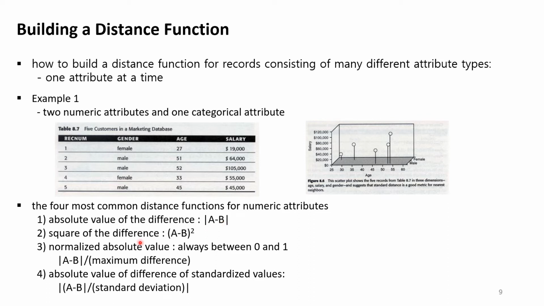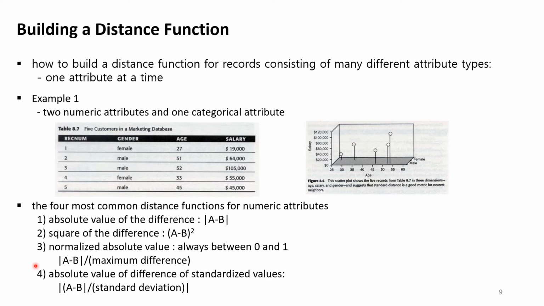The second method is the square of the difference, which is A minus B squared. And the third one is the normalized absolute value, which is the absolute value divided by the maximum difference, that is, the range of the attribute.